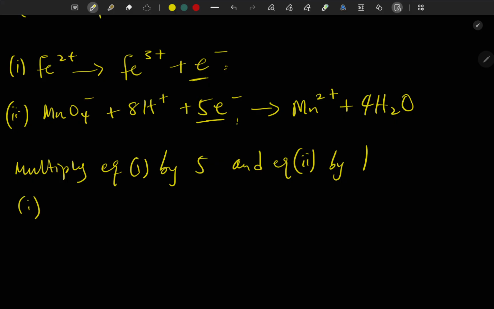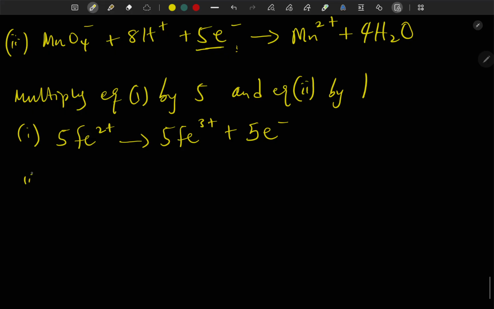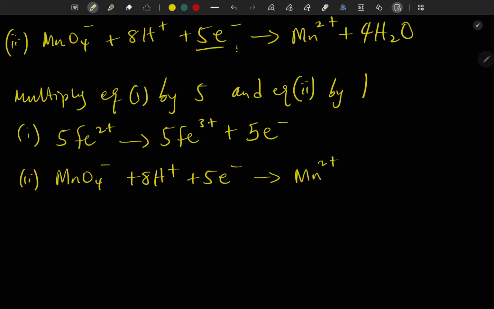So our equation 1 becomes 5Fe2 plus gives 5Fe3 plus plus 5e minus. And equation 2, because we are multiplying equation 2 by 1, it will remain the same: MnO4 minus plus 8H plus plus 5e minus gives Mn2 plus plus 4H2O.